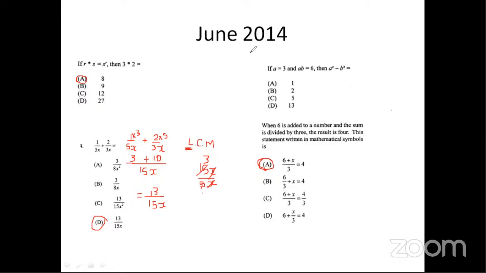We know that A equals 3, and A times B equals 6. So how many times 3 goes into 6? B would be 2. Right. So 3 squared is 9, minus 2 squared, which is 4. So the answer would be 5.